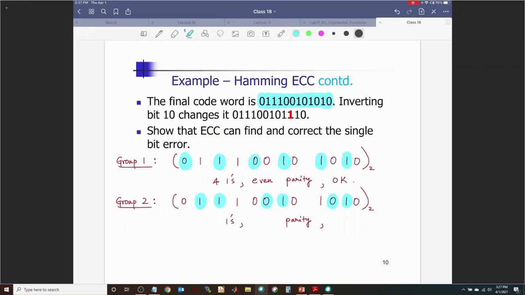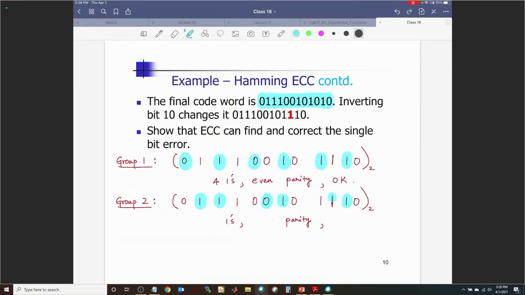Oh no. All right, so hold up. We need to work this using the error word, not the correct word. This is 1. It was in error. So group 1 doesn't change, but group 2 will change.